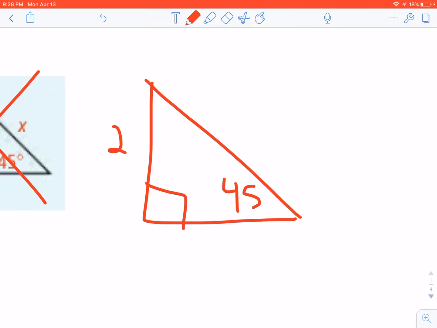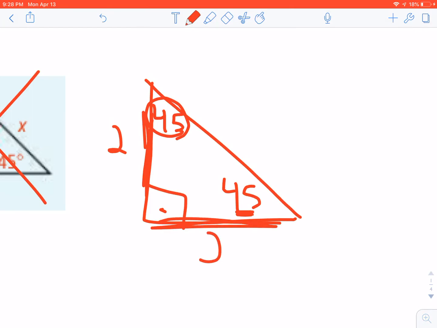Well, if this is 90 and that's 45, that angle has to also be 45 degrees, so it is a 45, 45, 90 triangle. So this leg is 2, which tells me that this other leg must also be 2. To find the hypotenuse, I just take whatever the leg is and multiply it by radical 2. So your answer would literally be 2 radical 2.